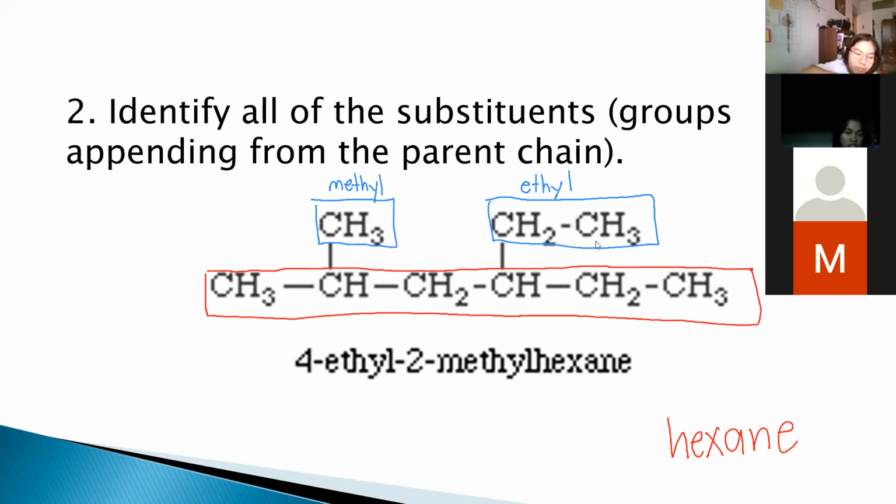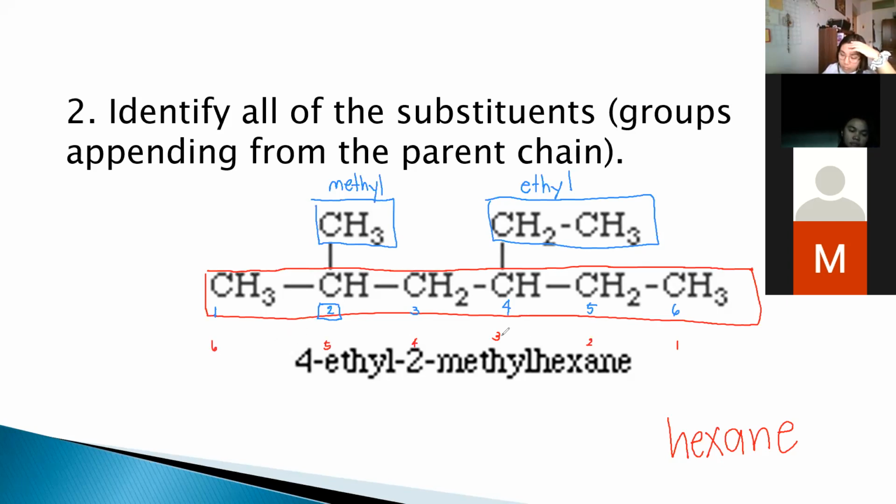Now, after identifying, let's assign the numbers. Let's try first having this as carbon number 1, 2, 3, 4, 5, and 6. Saan yung first natin na substituent? Nasa carbon number 2. Pero pag i-reverse natin, this will be carbon 1, 2, 3, 4, 5, and 6.